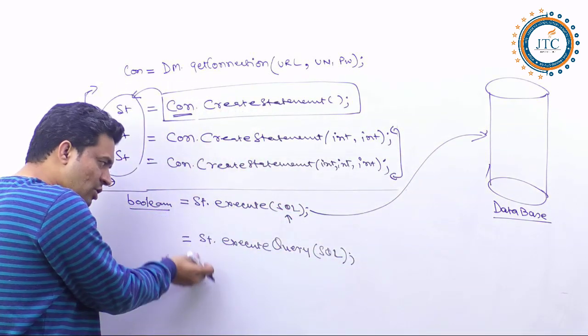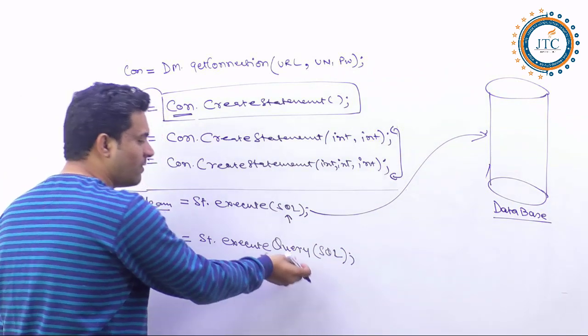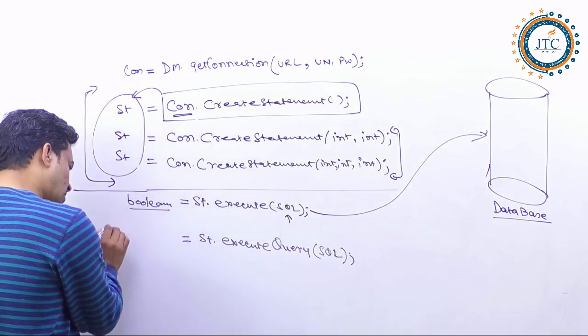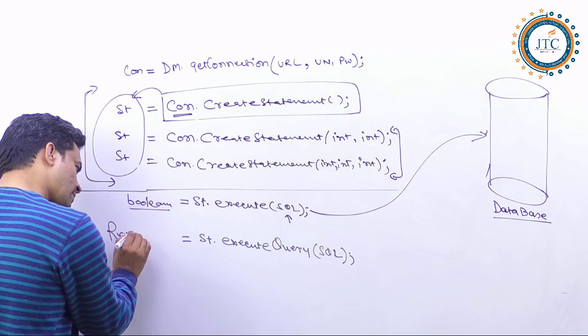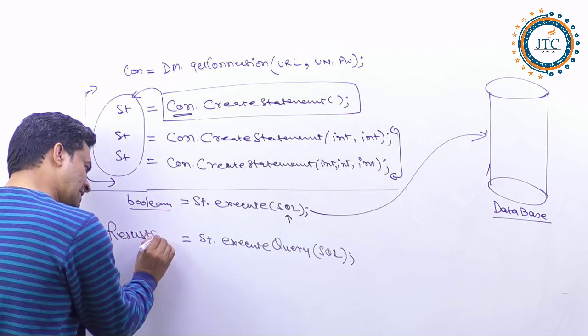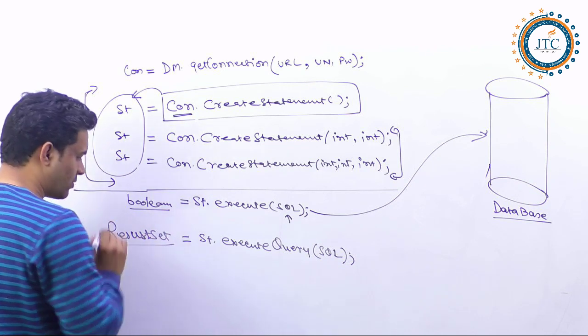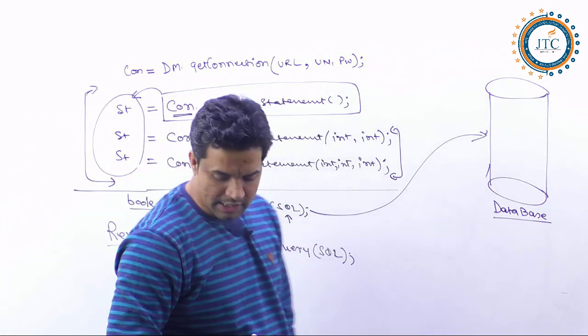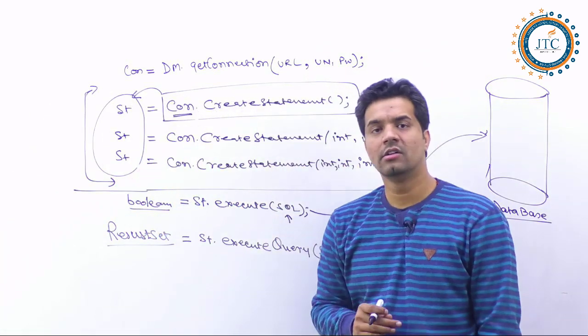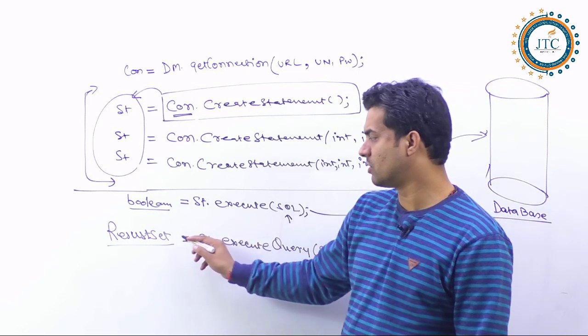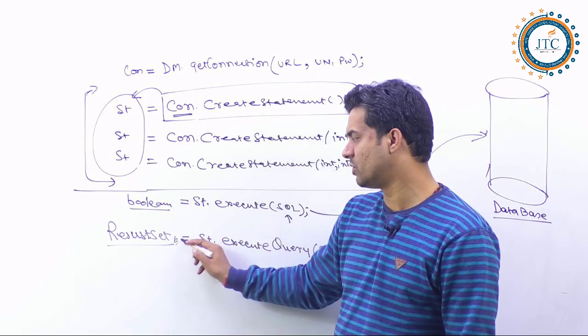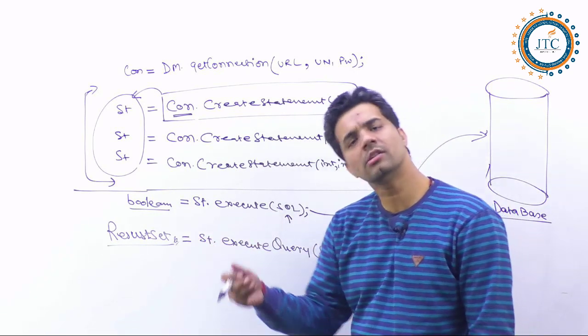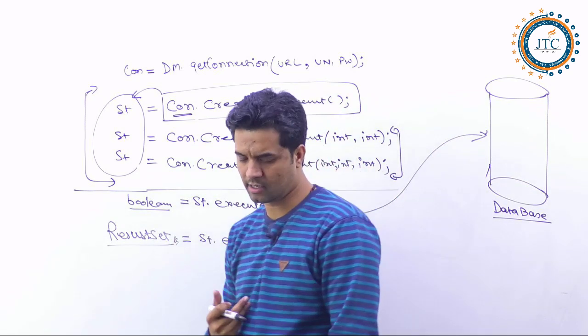Whenever you write executeQuery, it will return a result set type of thing. It is going to return a ResultSet, RS. What is a result set? Again we will be talking about that later on.